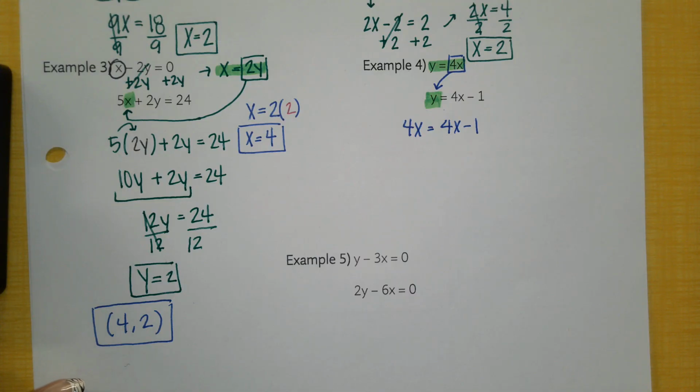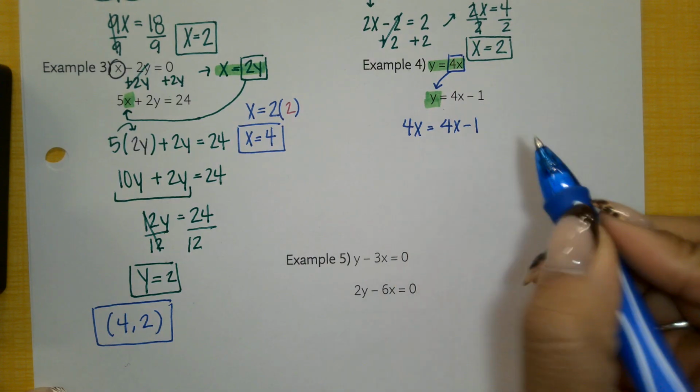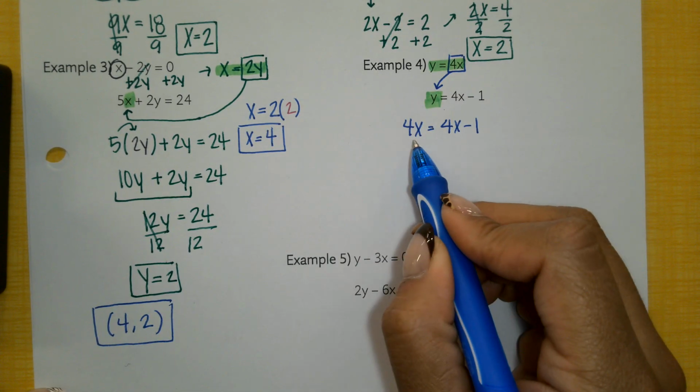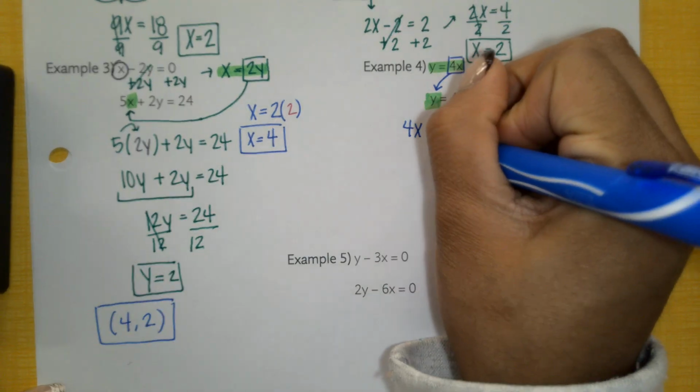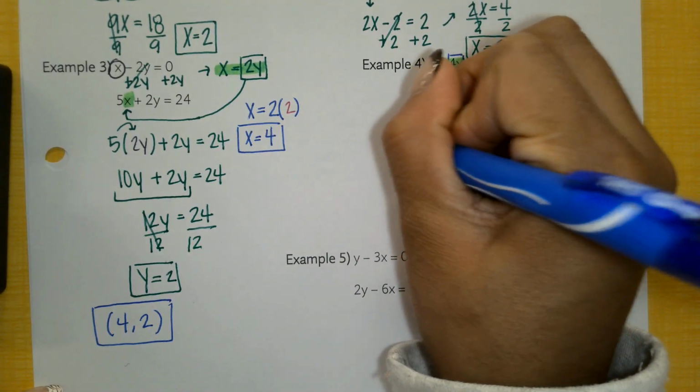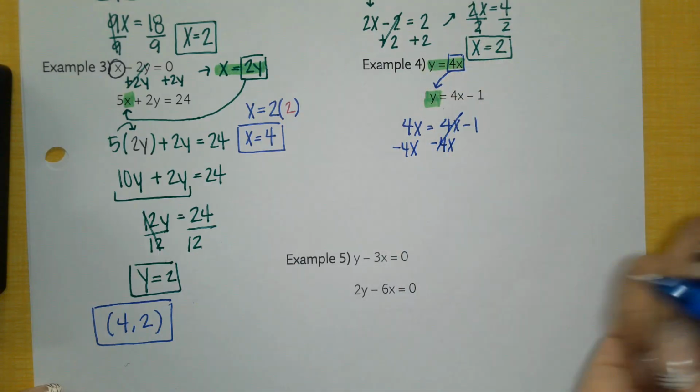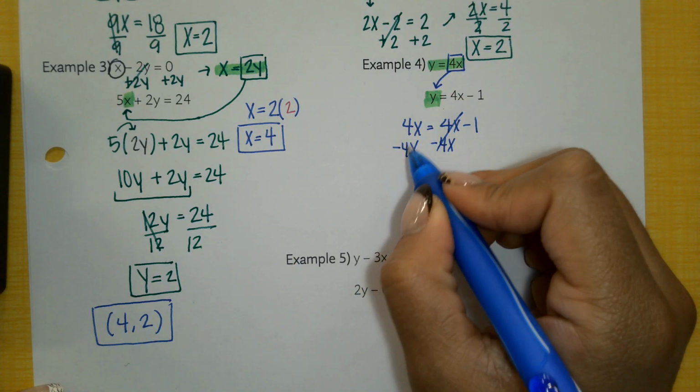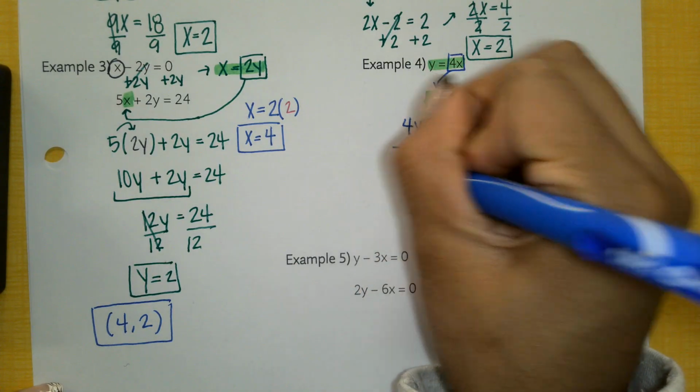Are we gonna minus 4x? So you have an x on each side. So that means you want to move the x to one side. So we can go ahead and move either the one on the right or the one on the left. I'm going to move the one on the right. So I'm subtracting 4x on both sides. When I subtract 4x and 4x on the other side, it becomes 0.